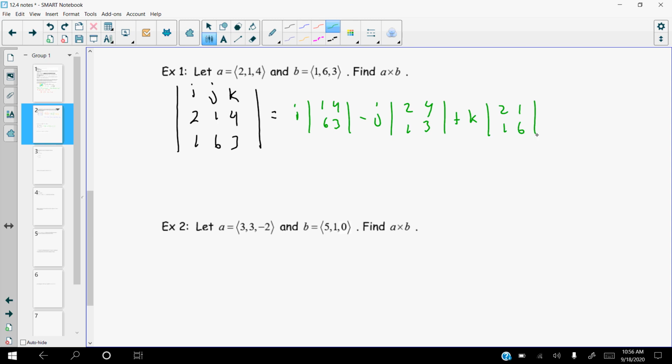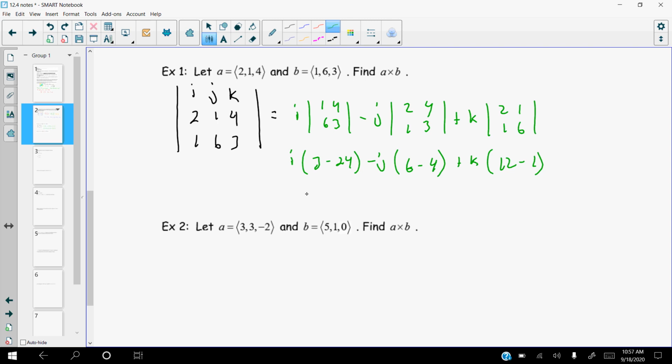Okay, and now we can actually figure this thing out. So I will be multiplied by 3 minus 24. J is going to get multiplied by 6 minus 4. And K is going to get multiplied by 12 minus 1.